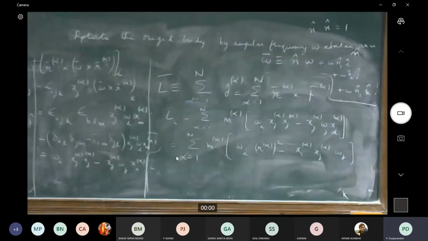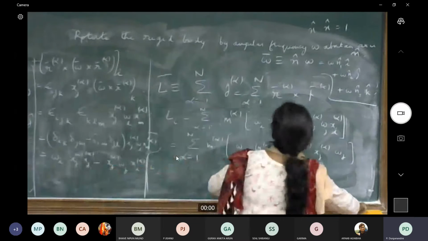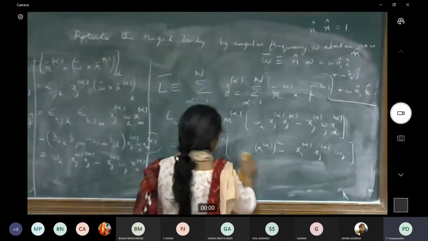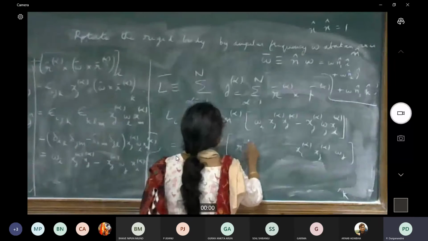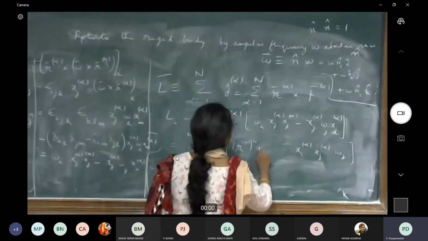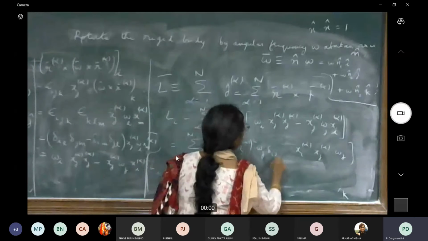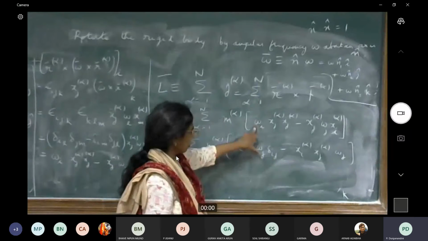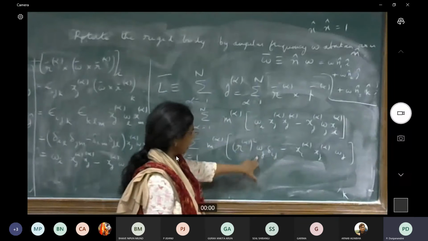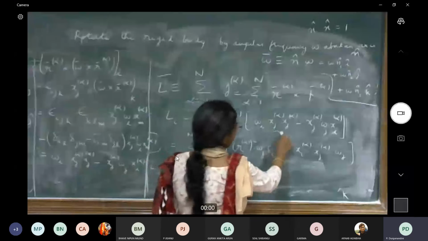Now I'm going to do a little bit more manipulation and write this in the following way. So it's R alpha square omega j into delta ij. So for omega i, what I've written is omega j. So the first thing I've done is I've replaced this with this.